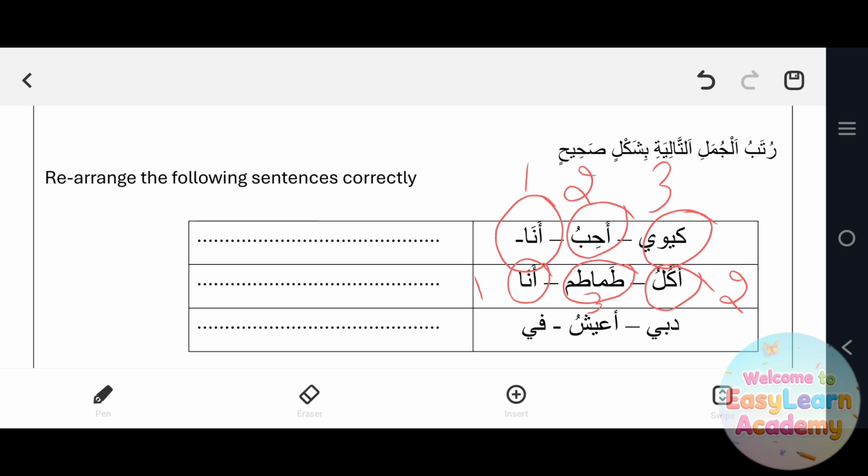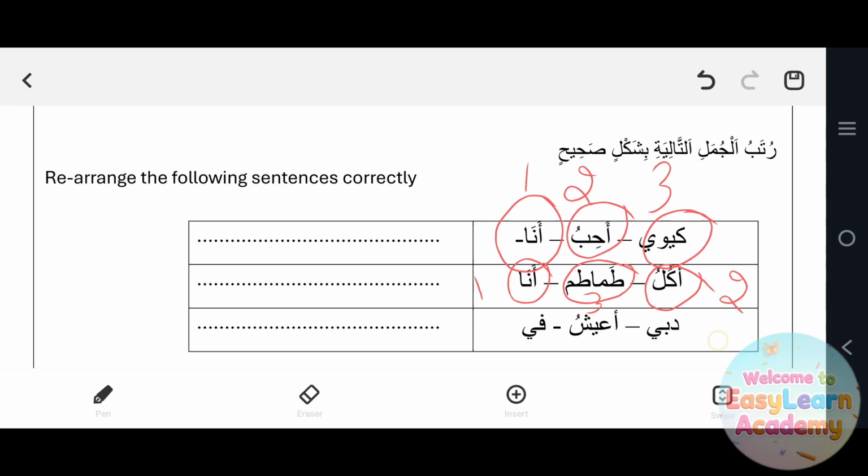So the sentence is Ana akulu tamatim, which means I eat tomatoes.